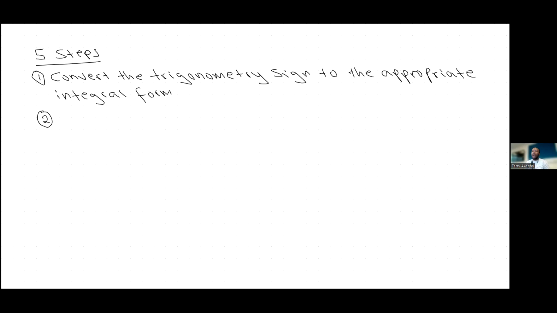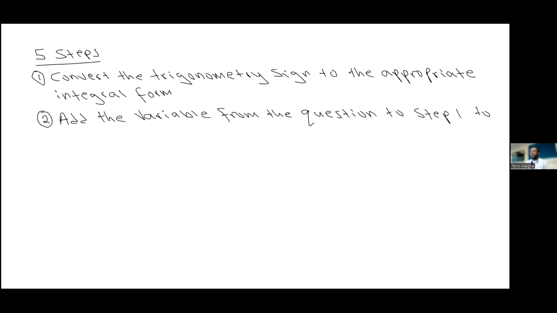So now you're going to add the variable from the question to step one to give an integrated trigonometry function and the variable in brackets.